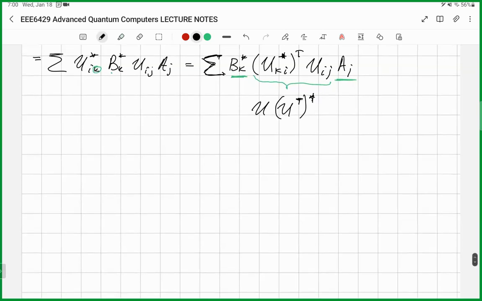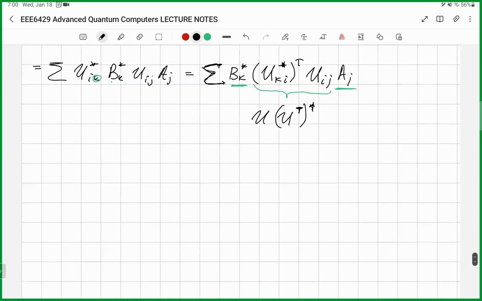So the transposed matrix with complex conjugation is what? It is the Hermitian conjugated matrix.